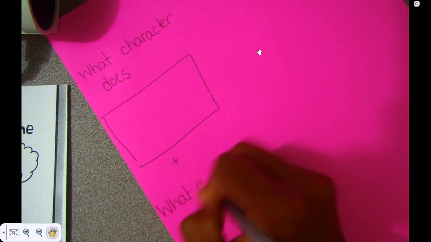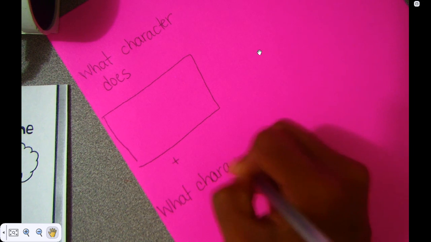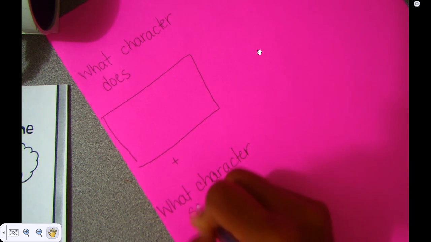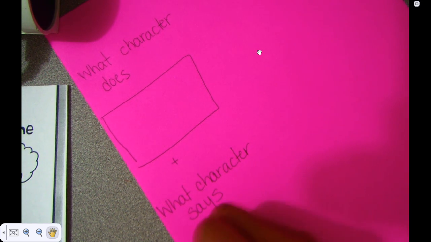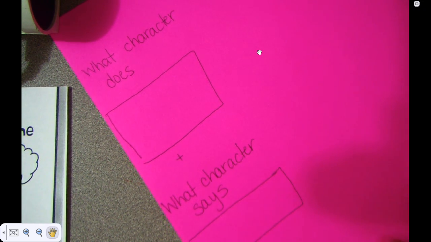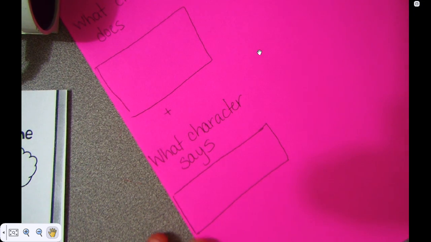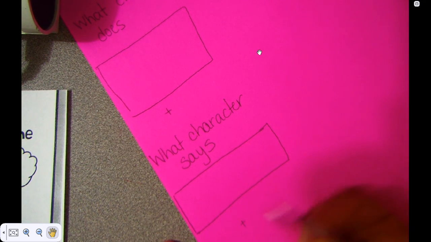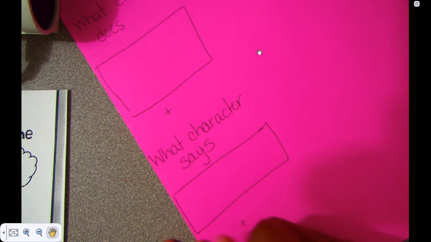What does the character say? Can I get some clues about what is going on from things the character says in the story? And then my final one, what they feel.